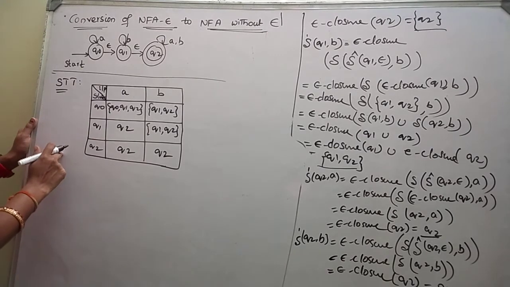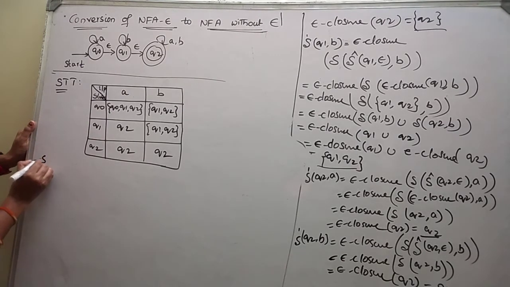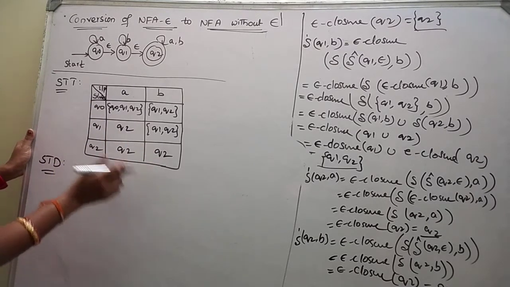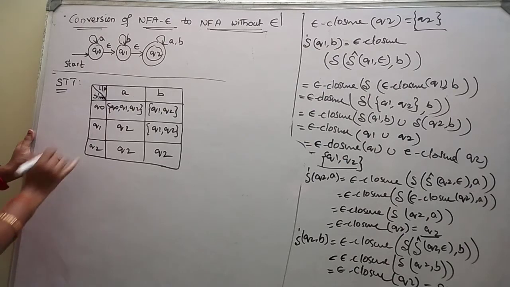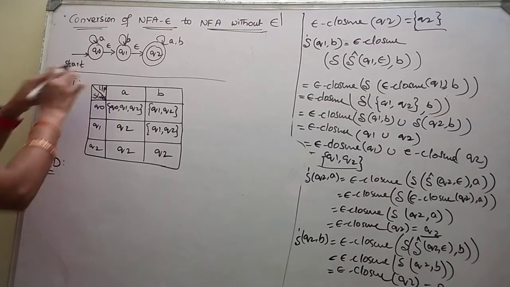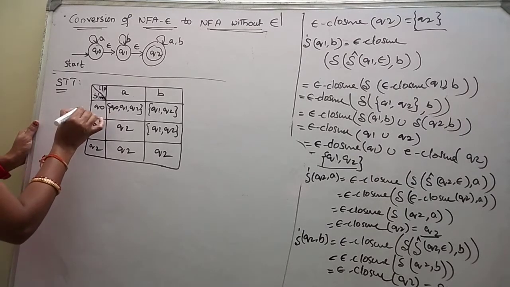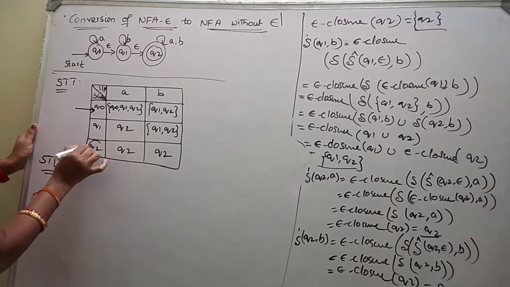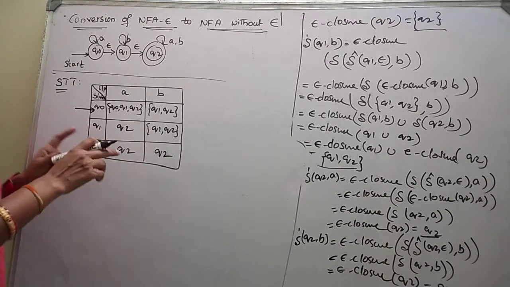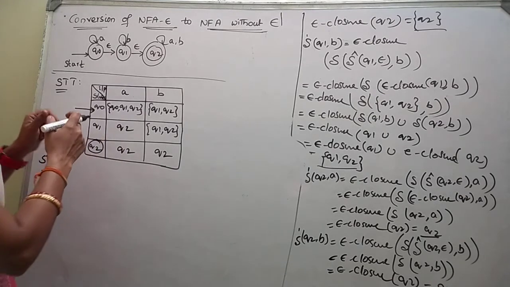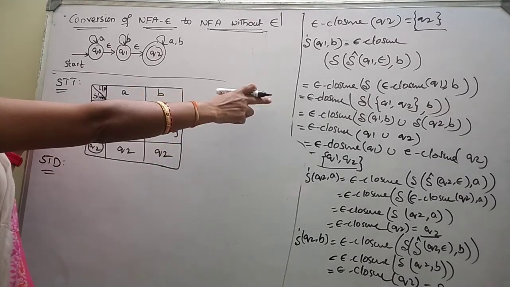Now we need to construct the state transition diagram. We have 3 states, so we are going to take 3 states as well. Before doing this, first we need to identify the initial states and final states for the given NFA with epsilon edges. In this, Q0 is the initial state and Q2 is the final state. Now we have to check whether any new final states appear after the computation of transition function.